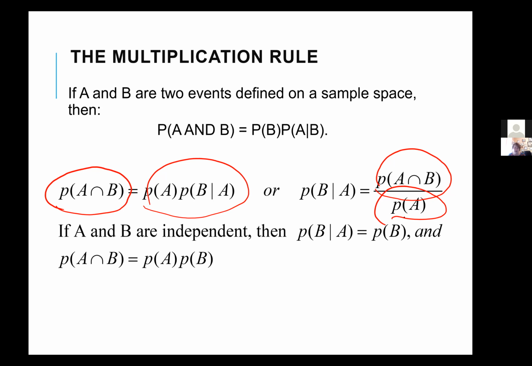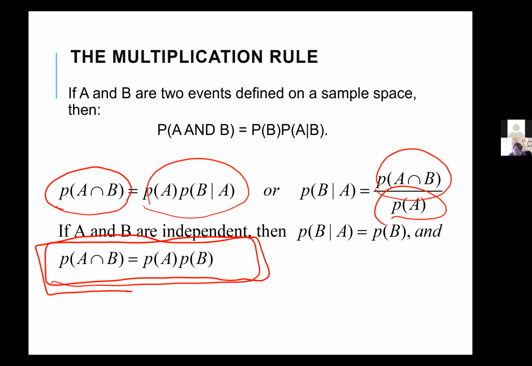If these 2 events are independent, then the probability of B occurring, given that A has already occurred, is just the probability of B. It doesn't depend on whatever happens with event A. So if two events are independent, the probability of A and B occurring is just the product of the probability of A times the probability of B.